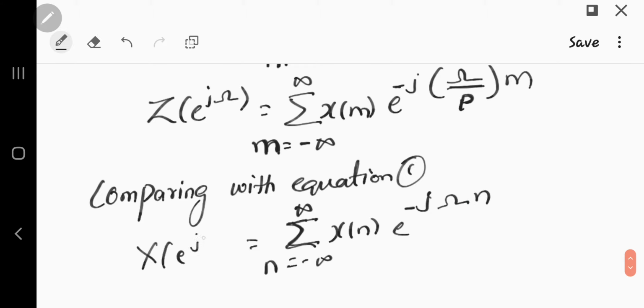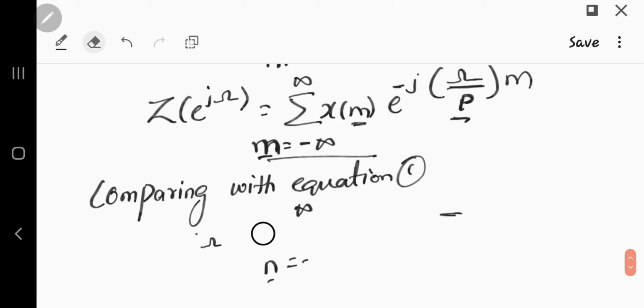If you compare these two, we have the same limits in the summation, the same variable here, the same thing here. Now, in place of omega, we have omega by p here. So that means here also we replace that with omega by p. Let us see what happens then.